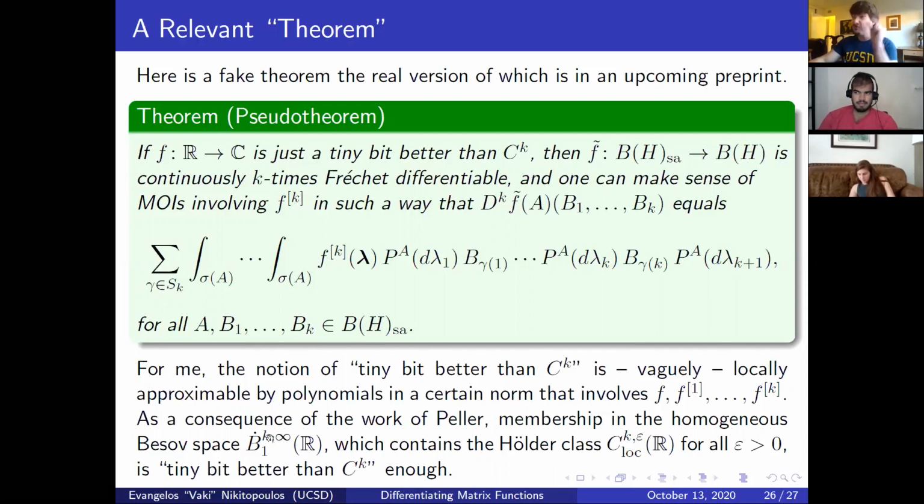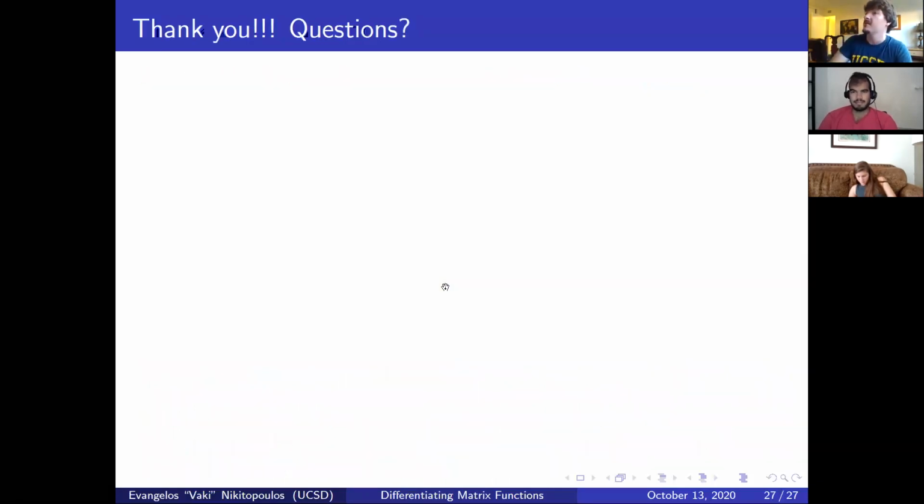So you can be super close to C^k, just a little bit better to make this theorem true, and there are counterexamples. So this is a proper subset of C^k. I think that's about all I had to say for you today. Thank you very much for coming, and I'll take the questions.